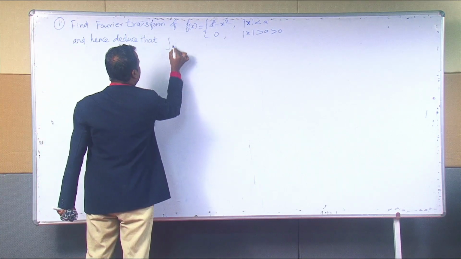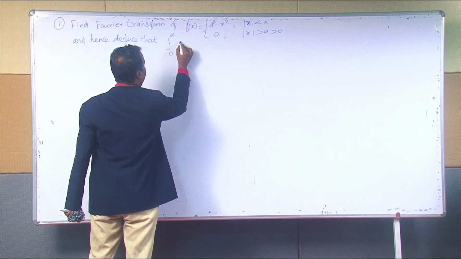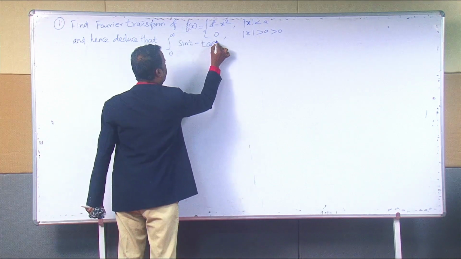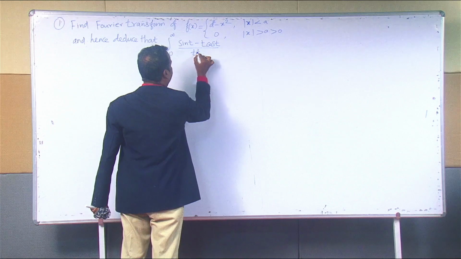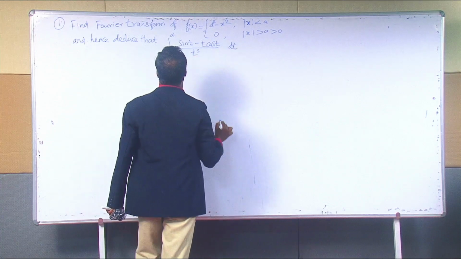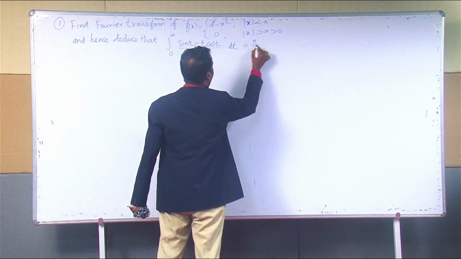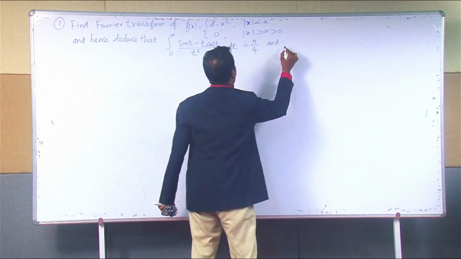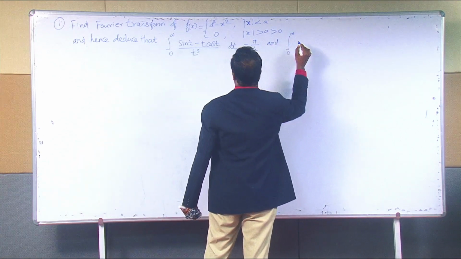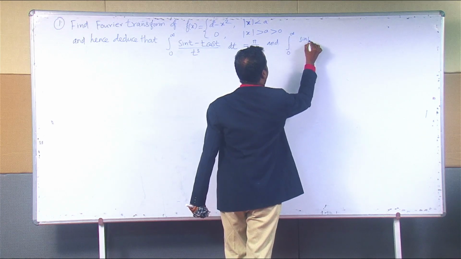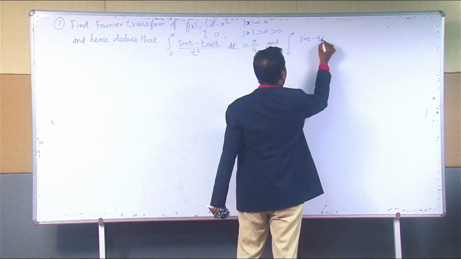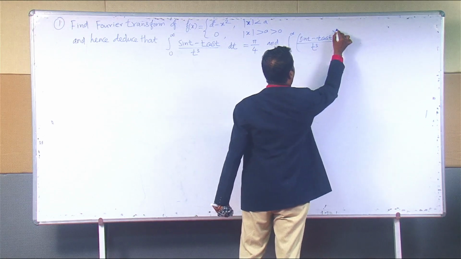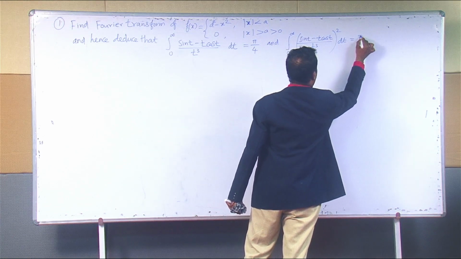integral 0 to infinity sin t minus t cos t divided by t cube dt, which is equal to pi by 4, and integral 0 to infinity sin t minus t cos t divided by t cube the whole square dt, which is equal to pi by 15.